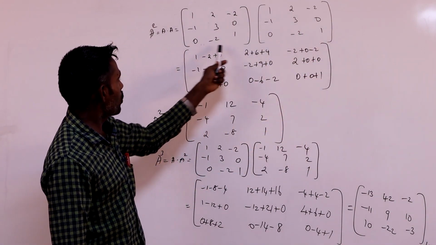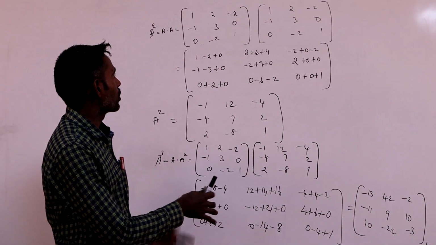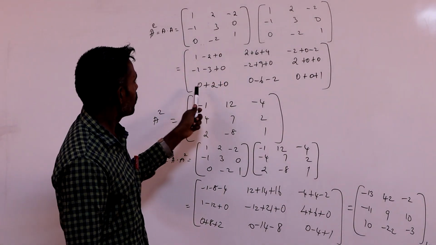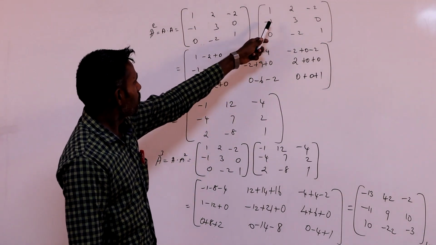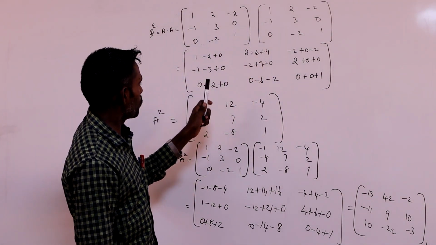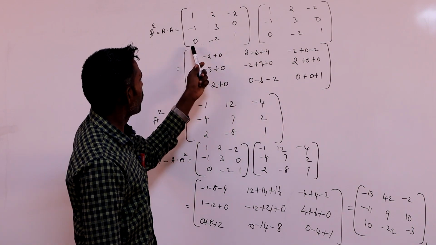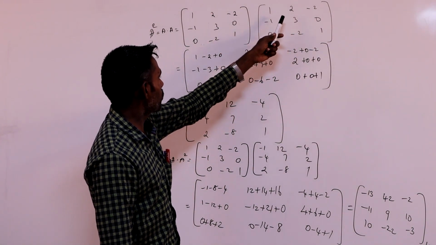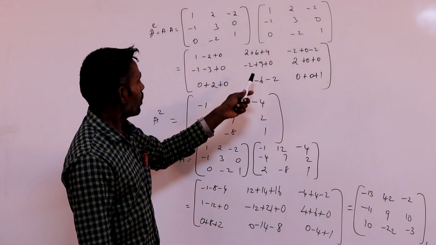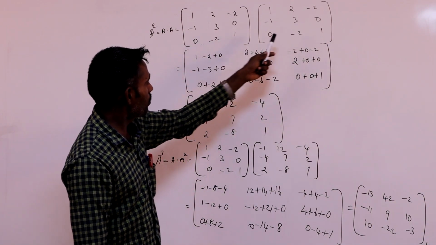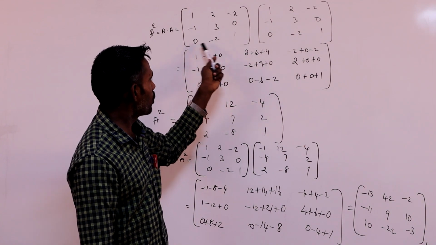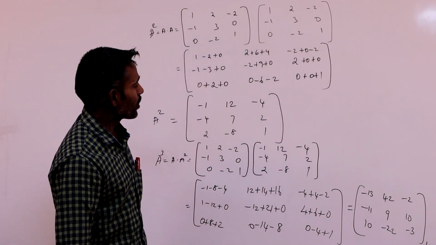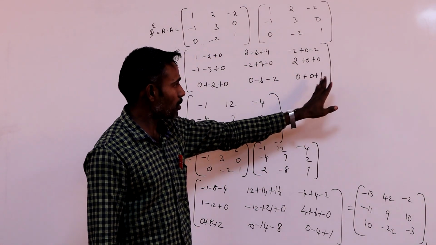The third row with the first column, second column and third column: 0 into 1, 0, minus 2 into minus 1 plus 2, 1 into 0, 0, 0 into minus 2, so 0, minus 2 into 3, minus 6, 1 into minus 2, minus 2. The third row into third column, we get 0 plus 0 plus 1.